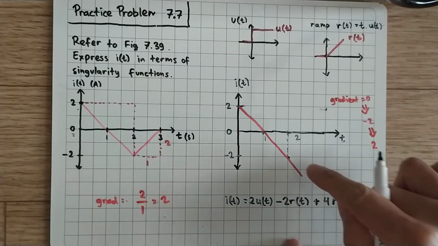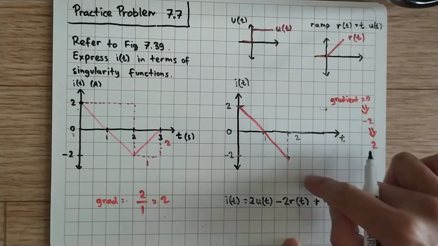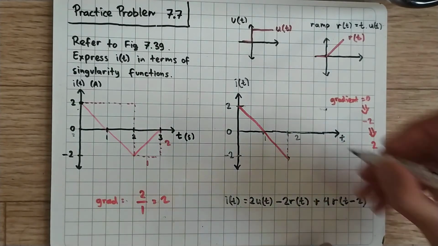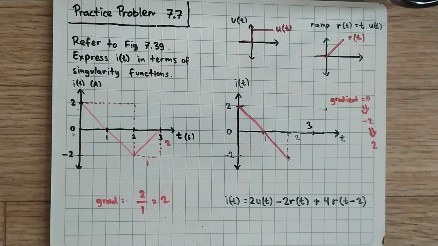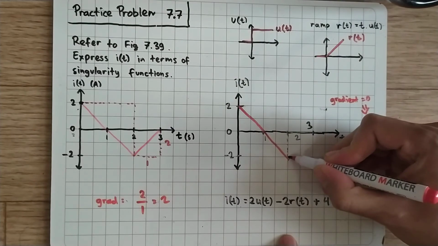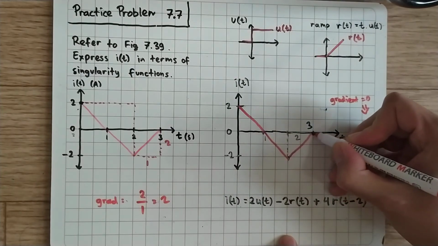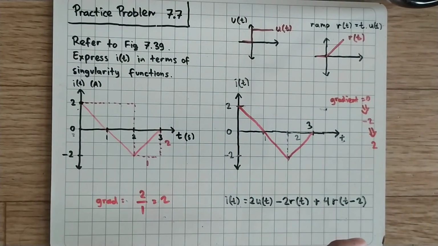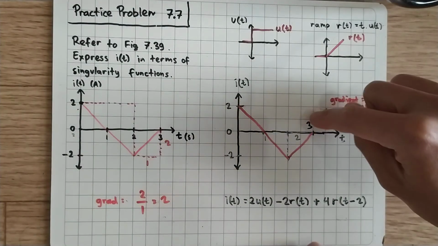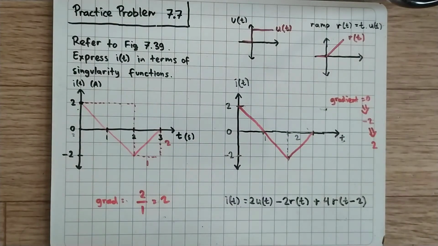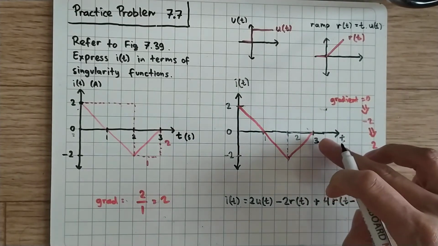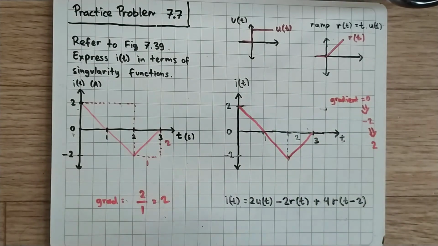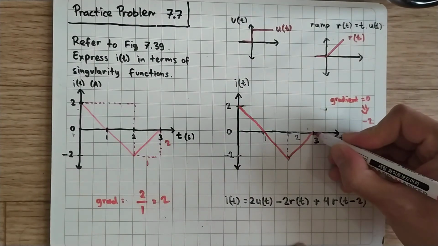Okay, so I will sketch this function here. I will have 3 here. Okay, maybe I should put this 3 here. And now at time t equal to 3, we want the gradient to be changed again into 0.